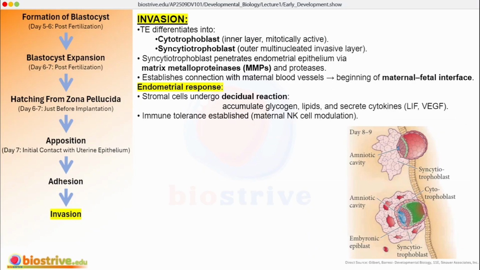Now, the final stage, the stage of invasion. In case of invasion, the trophectoderm will differentiate into, as you can see, syncytial trophoblast, which is the outermost layer, and it is invading directly into the endometrium, and we have cytotrophoblast, which is the inner layer. This cytotrophoblast is mitotically very active, and the process of gastrulation is about to begin very shortly.